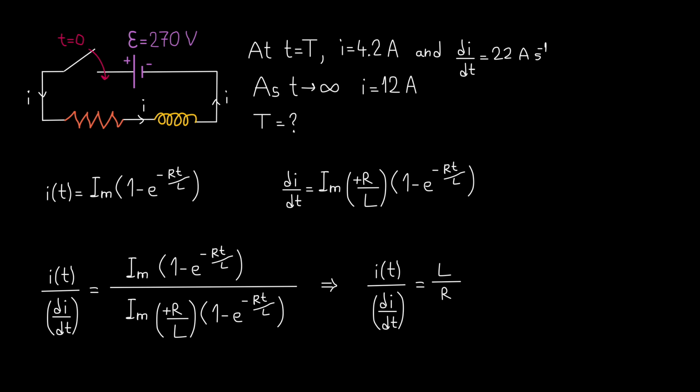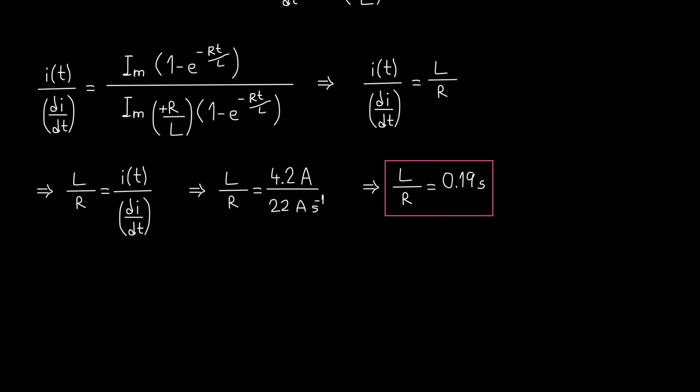At that moment, the current is equal to 4.2 amps and the rate of change of current is 22 amps per second. So we can calculate the left-hand side numerically and come up with a value for L over R. Numerically we get L over R equal to 0.19 seconds. Note that this is also the time constant of this circuit.